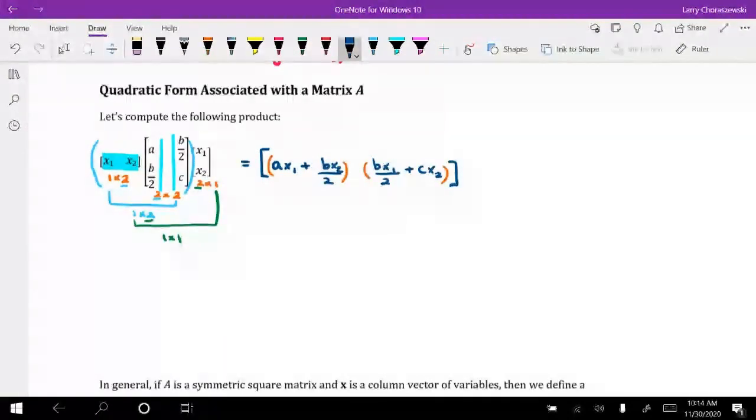So far, so good. All right, so just want to emphasize that this is a 1 by 2. It could look like a 1 by 4 because of the 4 terms that are involved. But this is now going to get multiplied to this last matrix, which is a 2 by 1.